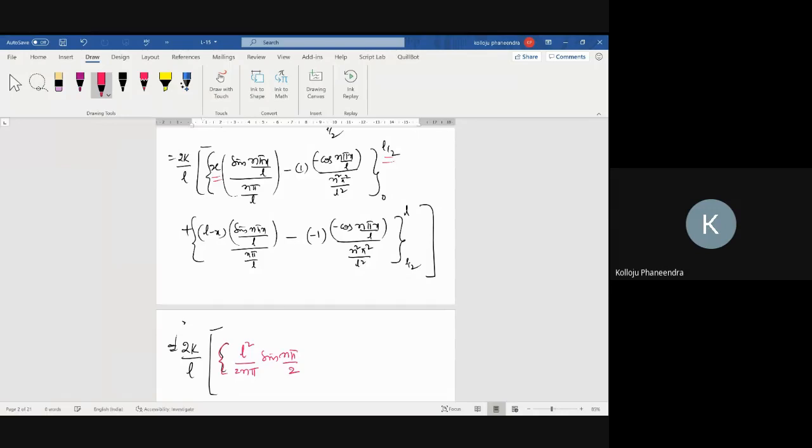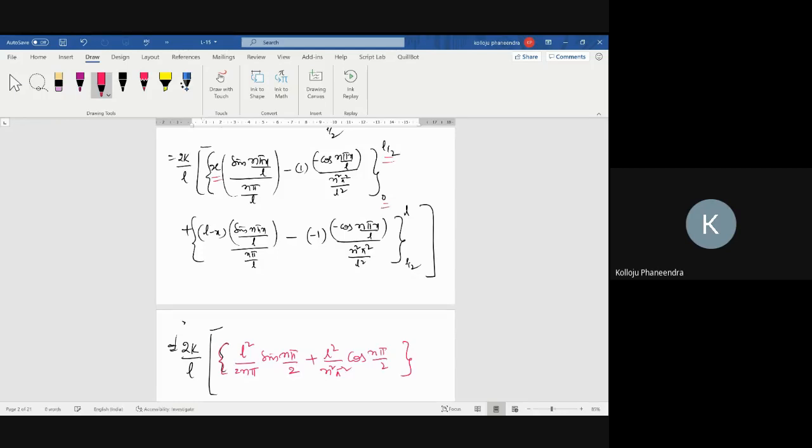Next one, minus into minus plus: this is L square by n square pi square, and coming to cosine, this is cosine n pi by 2. This is the upper limit value.